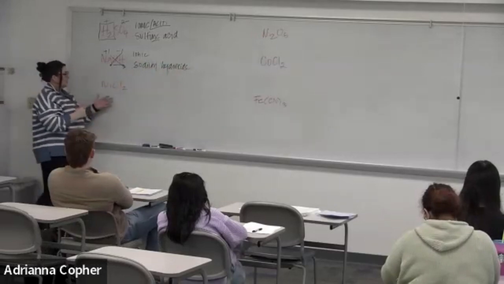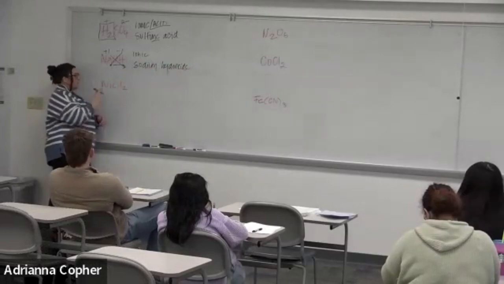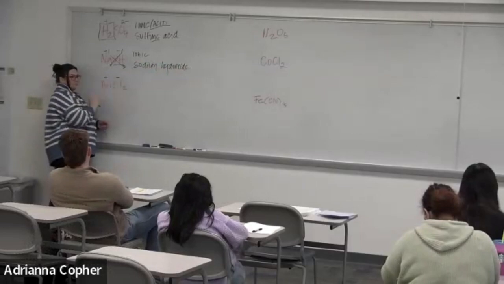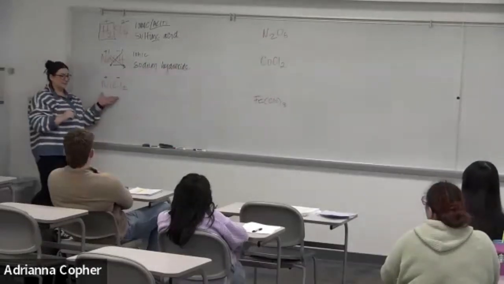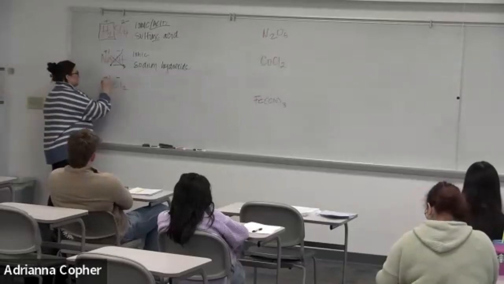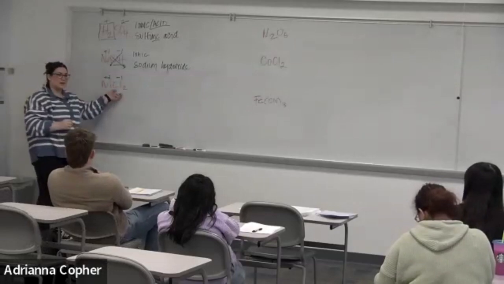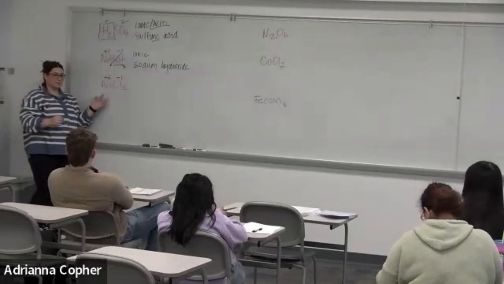Okay. What about this guy? It's ionic. Why? Can you tell me what nickel's charge is? Yes. What is it? It's 2. How do you know it's 2? Because I know chlorine's charge, right? Chlorine's charge is always -1. If I need 2 of them to match nickel's charge, that means it has to be 2+, right?